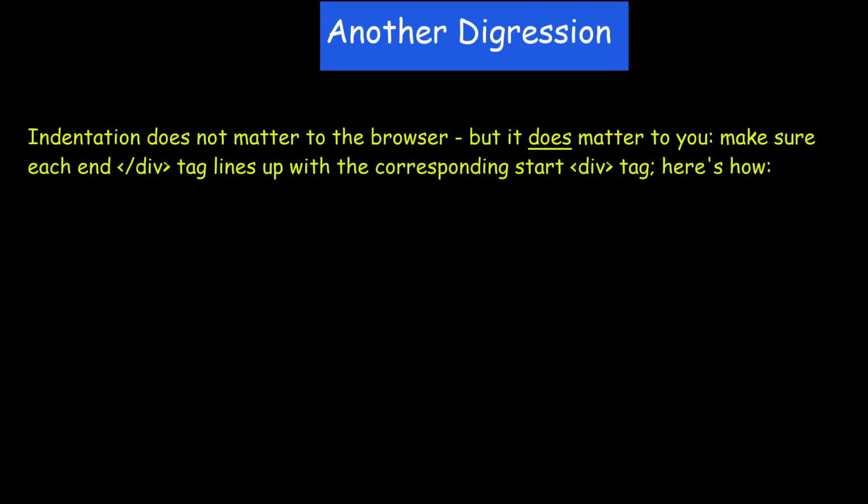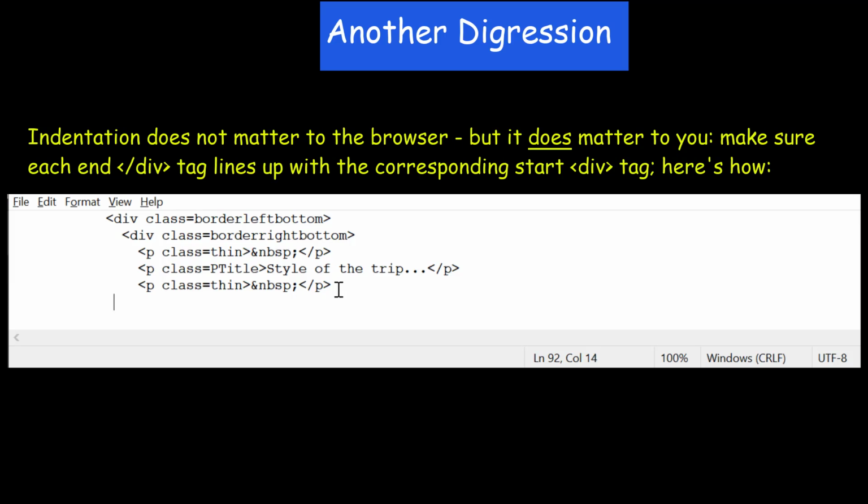First, indentation does not matter to the browser, but it does matter to you. Make sure each end div tag lines up with the corresponding start div tag. And here's how. When you code a div start tag, immediately press enter and space over to under that start tag and code your end tag.